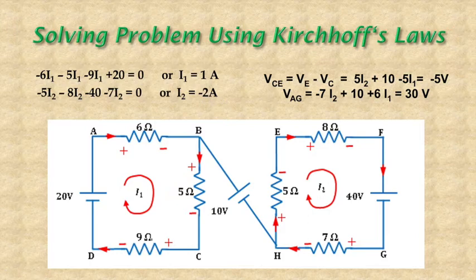Then find out the voltage drop across CE. Voltage CE means VE minus VC, otherwise VC minus VE. But conventionally it is considered VE minus VC. So the path is EHBC.